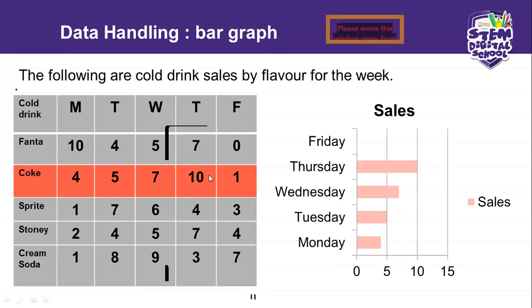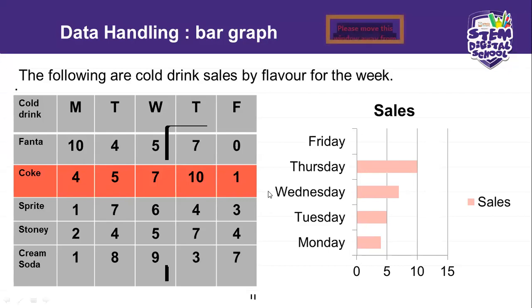We go to Thursday. There's Thursday. It's 10. There is our Thursday, and we start counting 5, 10. We go up to see where it meets with Thursday. There it meets, and then we do a bar there. So that is our bar graph.